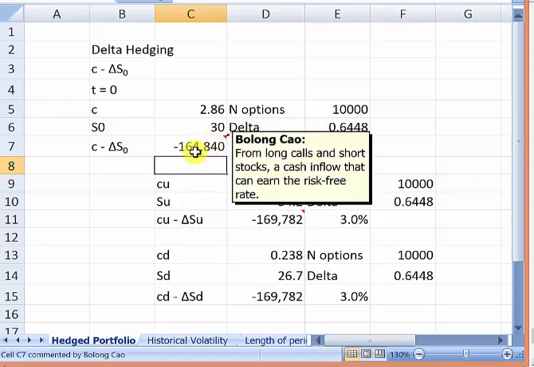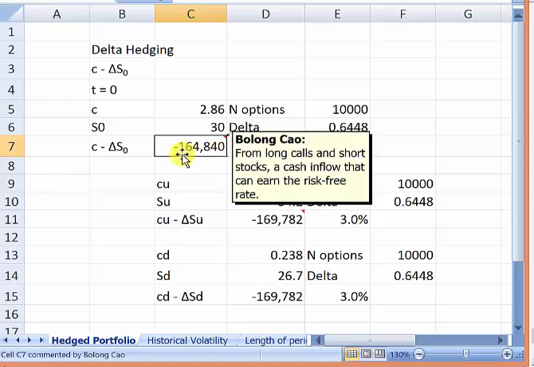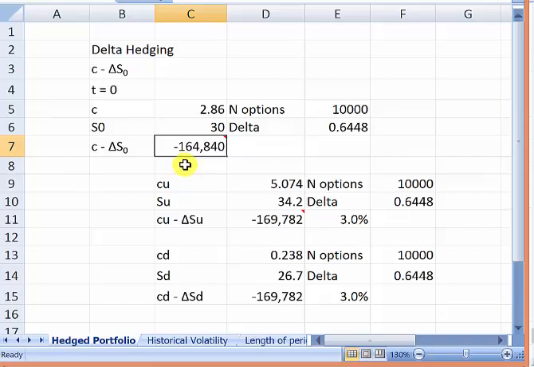This negative number shows a liability, and it's money coming in from the shorting position minus the long call cost. And what we are going to see is that this amount of money doesn't matter whether the underlying goes up or down after one period. It will evolve at the risk-free rate.